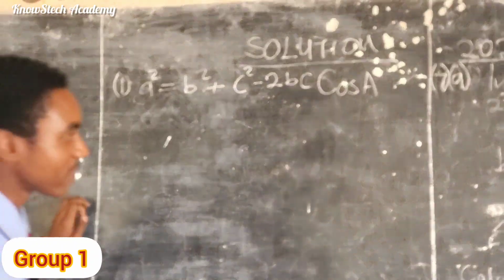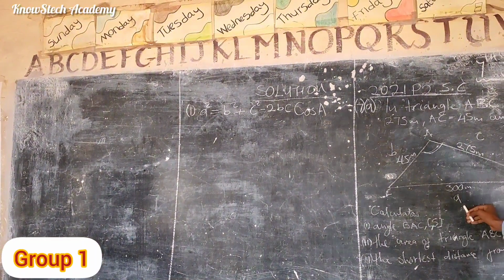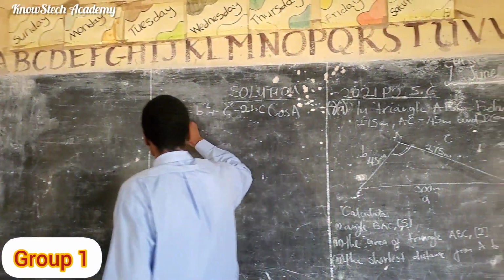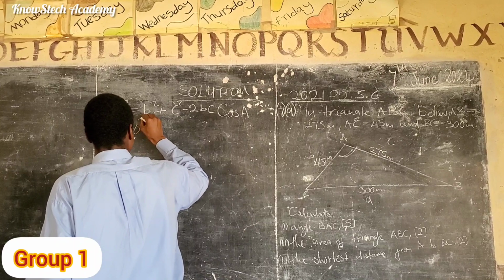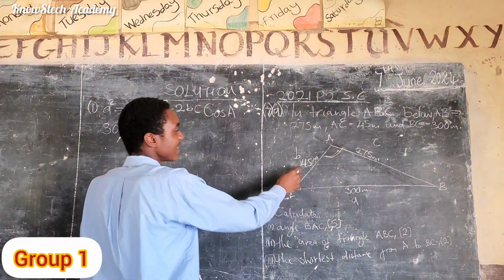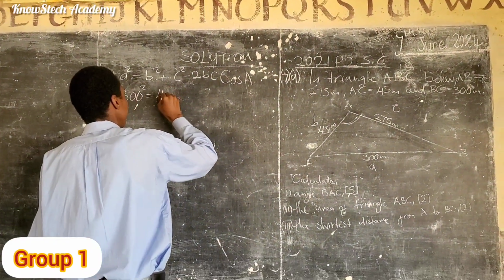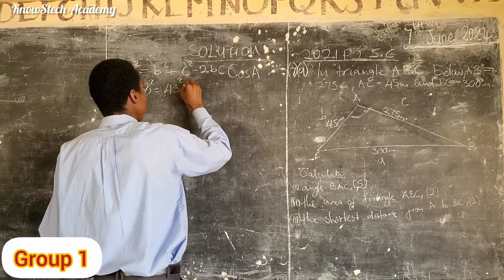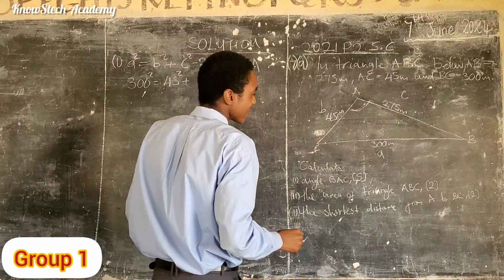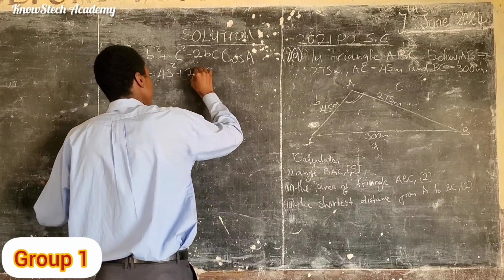Okay, so we start substituting now. What is our A? It's 300. What is our B? 45. So what is our C? 275.